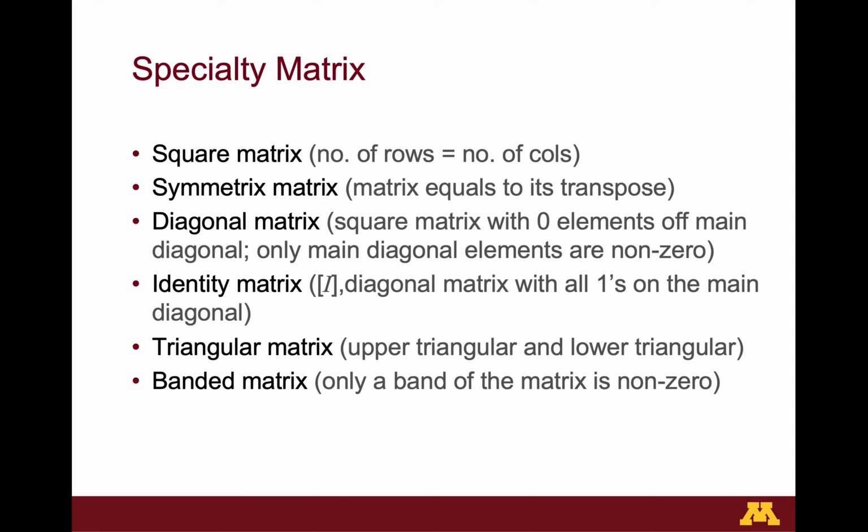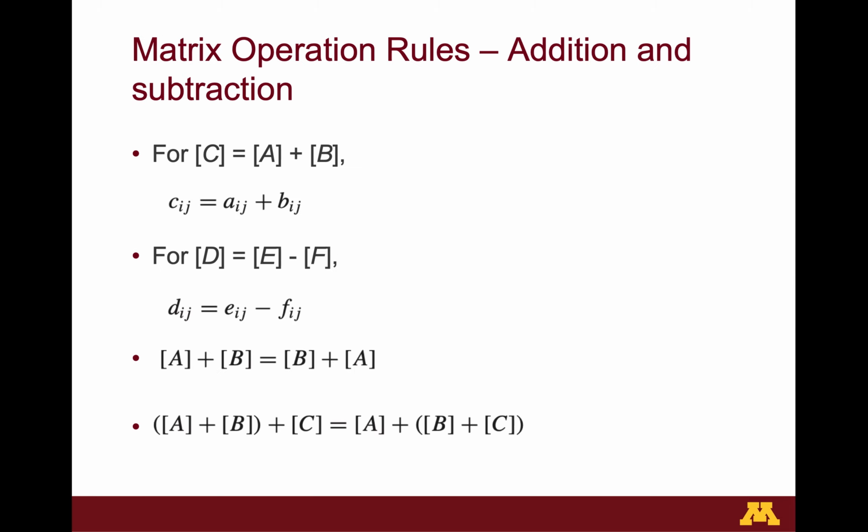And the identity matrix is one special diagonal matrix, where all ones are on the main diagonal and all other places are 0. And the triangular matrix, which includes upper triangular and lower triangular matrices. And the banded matrix, which means only a band of the matrix is non-zero.